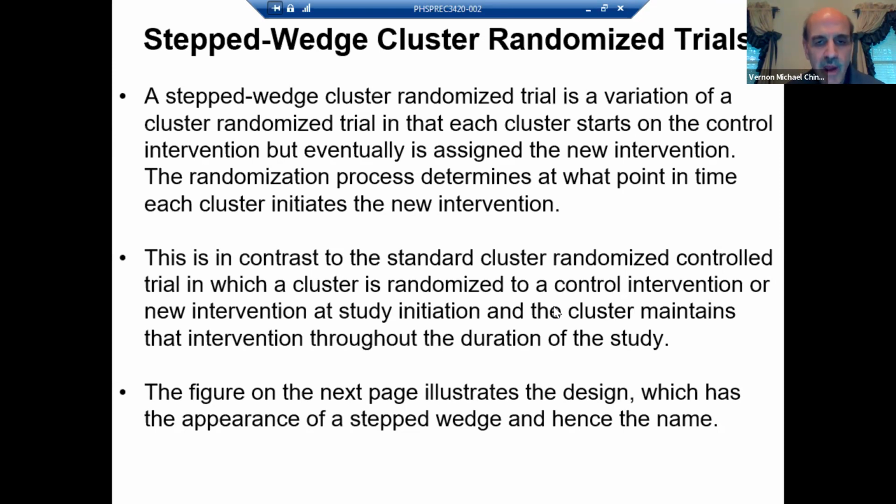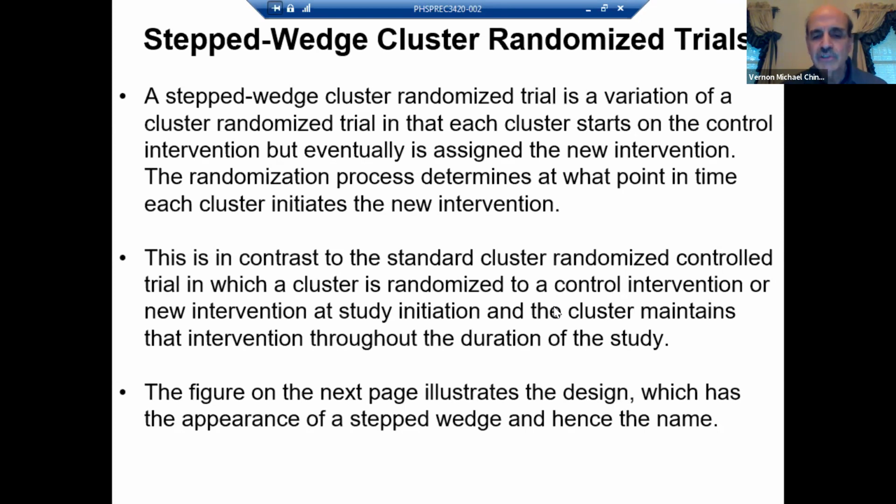And the randomization process determines at what point in time each cluster is going to start the new intervention. So this is in contrast to the standard cluster randomized trial that I described previously. There, you would just randomize a cluster to receive either intervention or control.